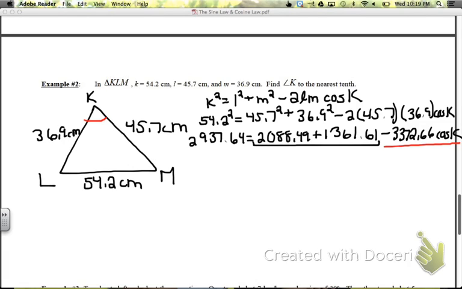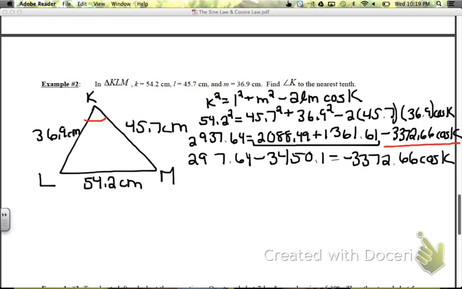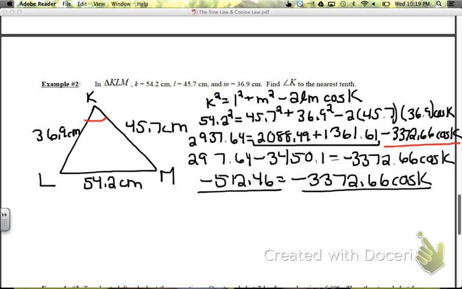So what I'm going to have here is 2,937.64 minus 3,450.1 is equal to negative 3,372.66 cos K. When I subtract these on my left hand side, I get negative 512.46 is equal to negative 3,372.66 cos K. Now I divide both sides by negative 3,372.66.